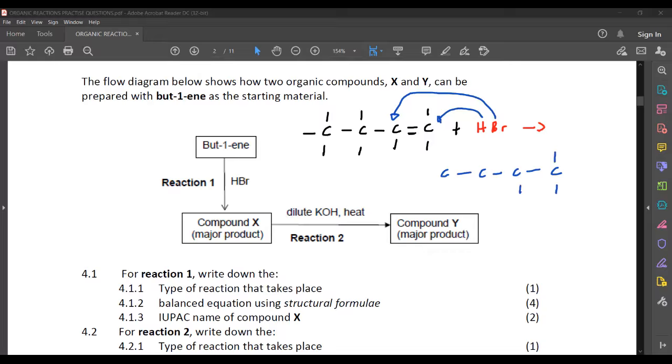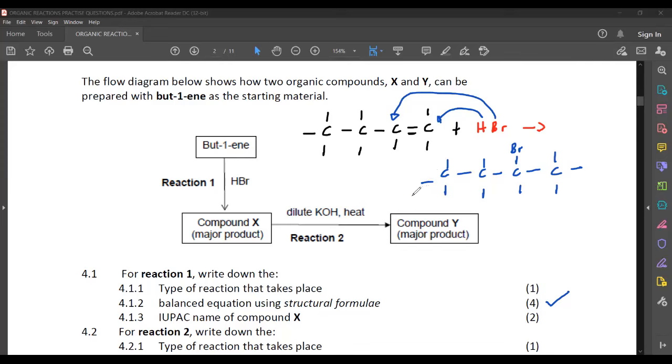I am hydrohalogenating. It's an addition reaction. My Br, there you are, and I've also added my H, and that becomes the structure. So 4.12, that becomes the structure from an alkene to a haloalkane after reacting with the hydrogen halide. So that's compound X. Please don't forget what compound X is all about. Let's go to 4.13.